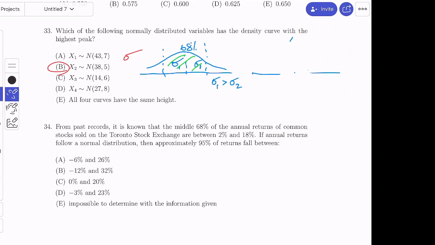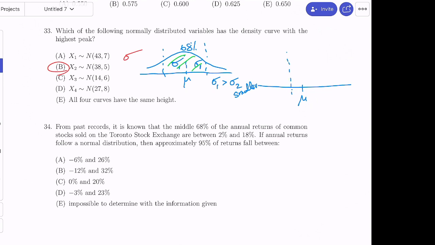Let's do this again. I'll make it lower. Do you get what I'm getting at here? So if I go one standard deviation away from the mean, but it's smaller, and it's spread, this has to have the same area, so it's going to have to be taller.